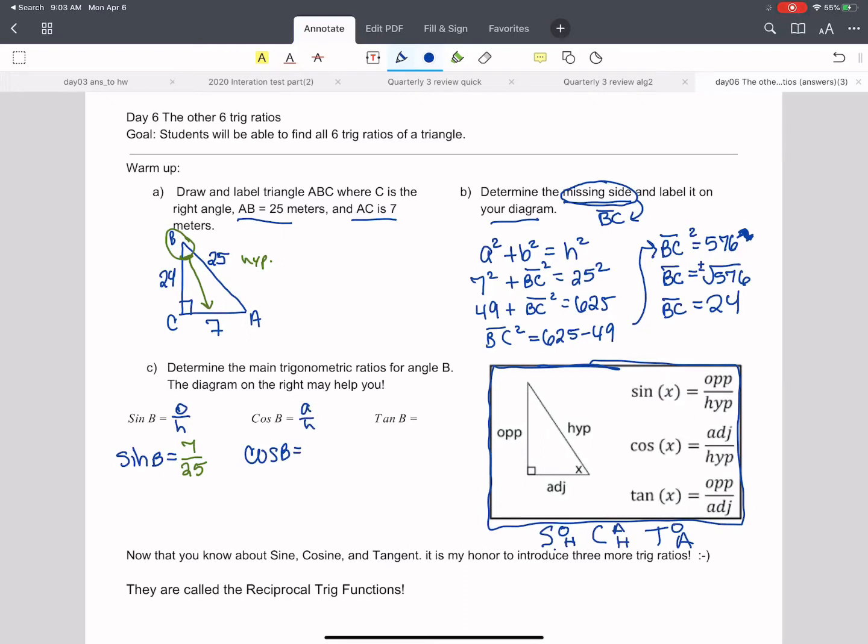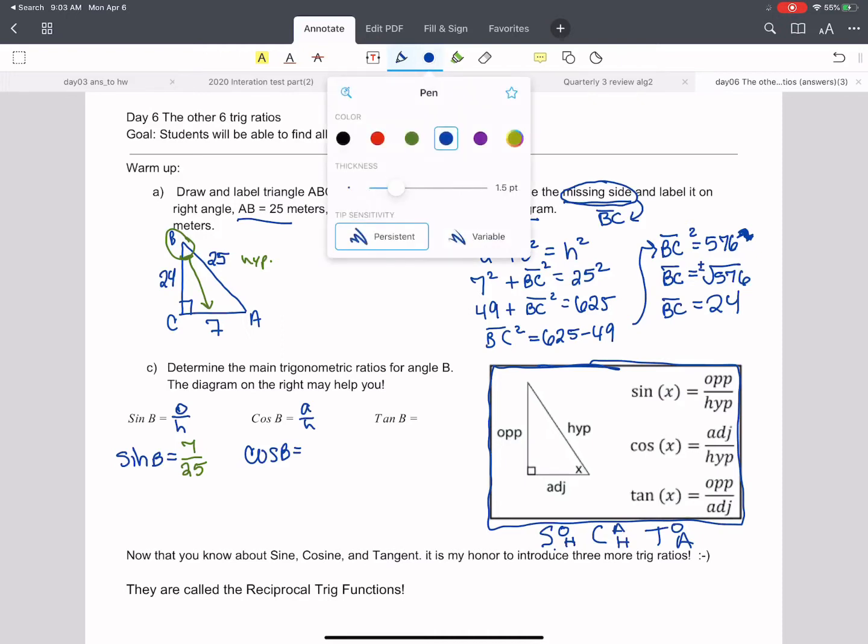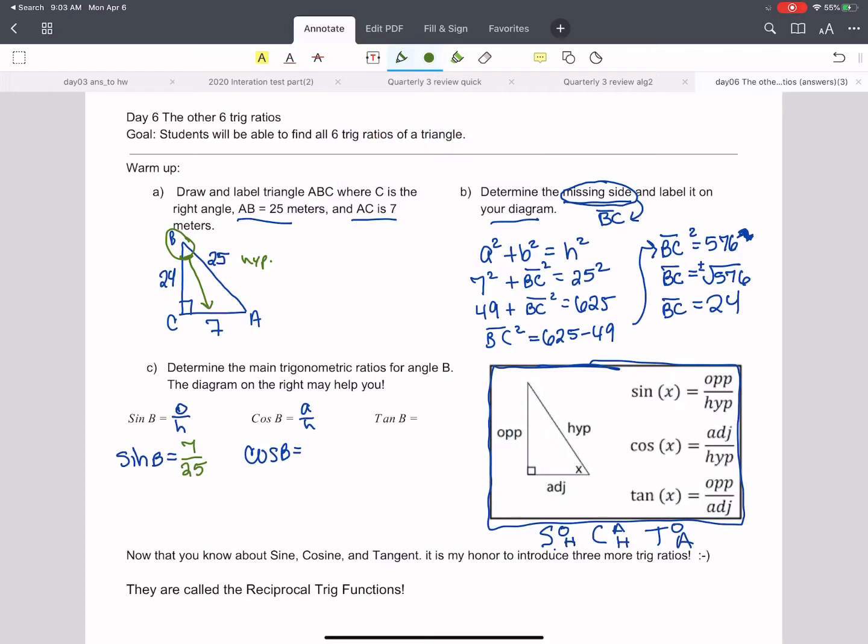So adjacent to B would be, I'm going to use a different color, that's adjacent. That would be 24 over hypotenuse 25.